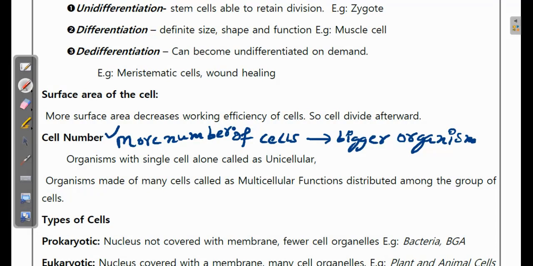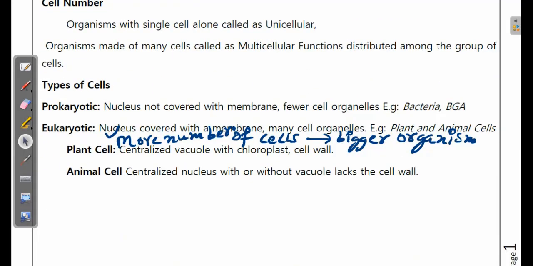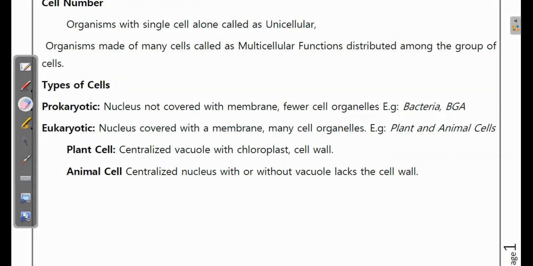Alright, so let us look at the types of cells. So far we learned about a few properties, and based on a lot of differentiations, we have classified the types of cells. This division is entirely based on the evolution of the cell.